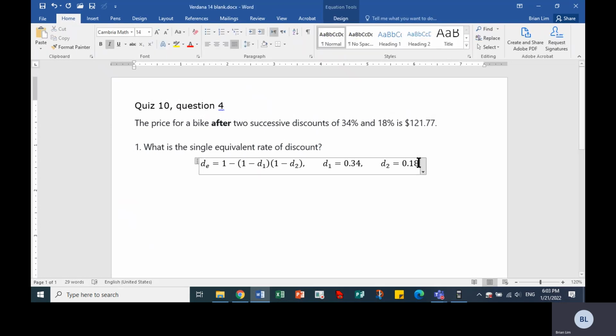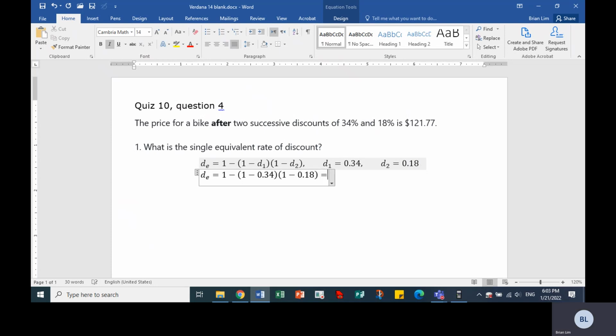All right, so now we can calculate this single equivalent rate of discount. That is equal to 1 minus (1 minus 0.34) times (1 minus 0.18).